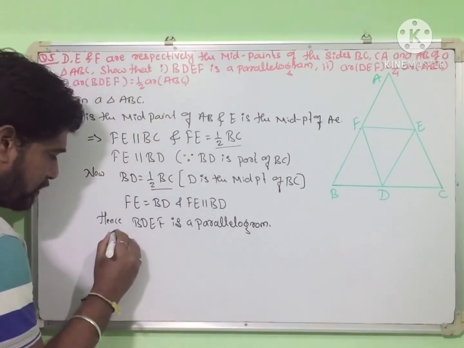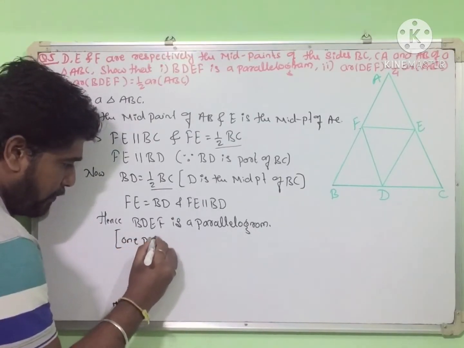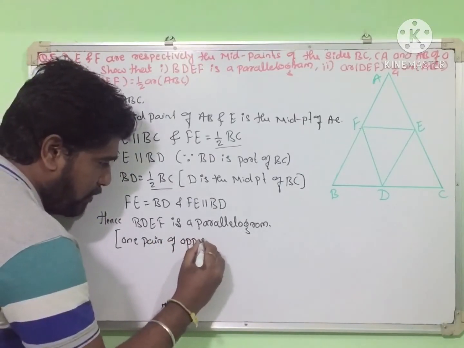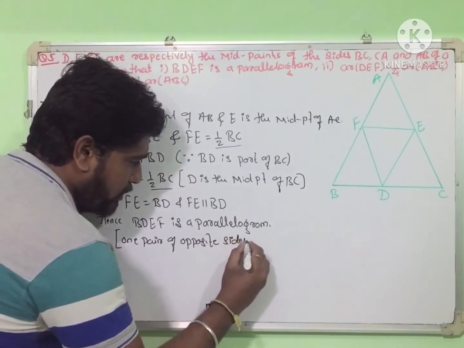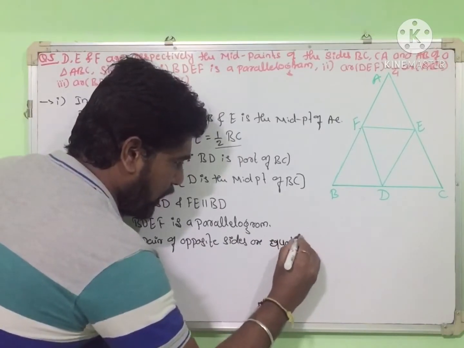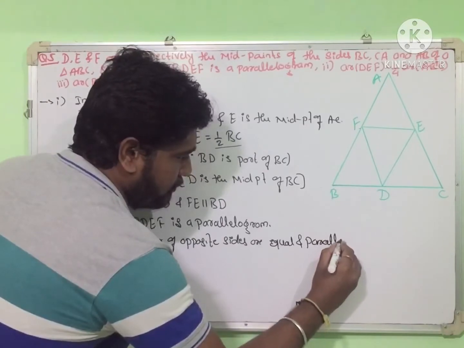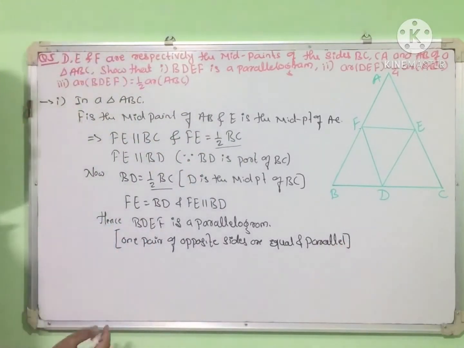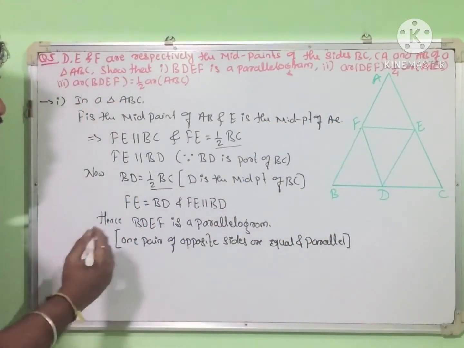Reason here: one pair of opposite sides are equal and parallel. Right? So that's why BDEF is a parallelogram, right?